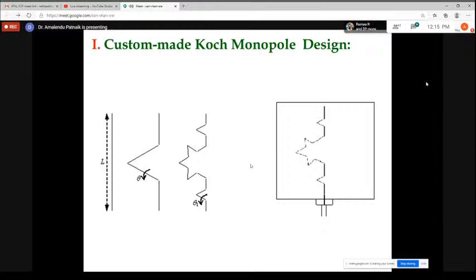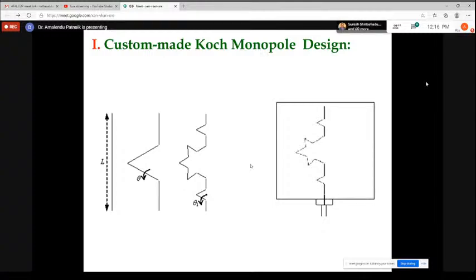But the demerit of those classical fractal antennas is that the frequencies you are getting are not user-defined frequencies, not the required frequencies. We can't use all the frequencies at the same time, right?